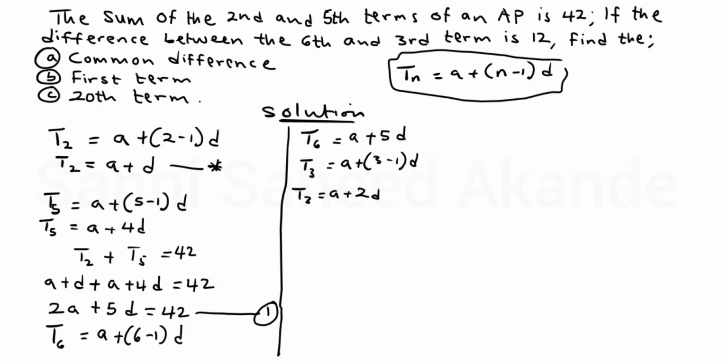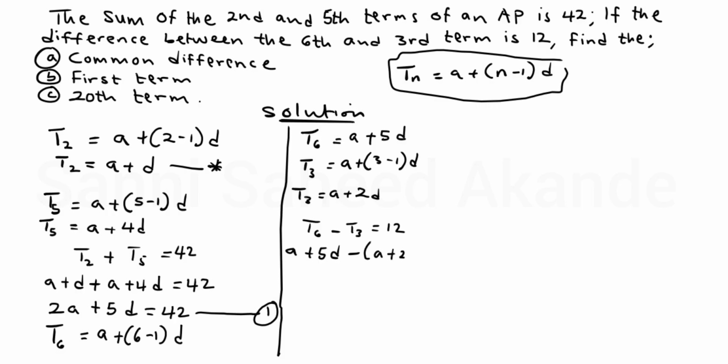Then if you go back to the question, it says the difference between the sixth and the third term is 12. What does that mean? It means T6 minus T3 is equal to 12. So what is my T6? T6 is A plus 5D, then minus T3, and T3 is A plus 2D.